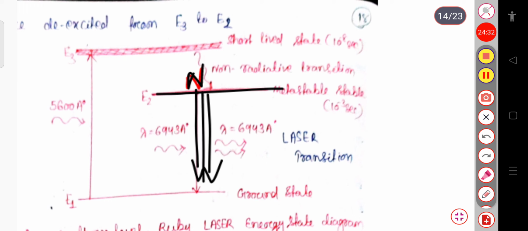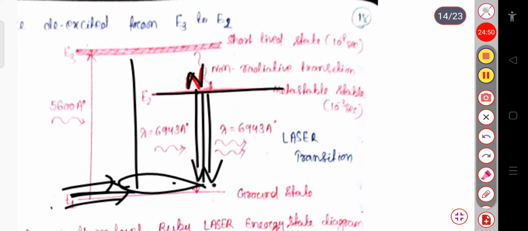So for a few microseconds, no atoms are available in the ground state. After the laser action, the atoms are again available in the ground state, and because of the flash lamp they once again get excited to the higher state, and again the laser action comes, the same process repeated.